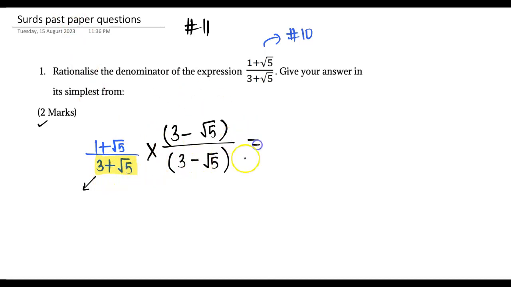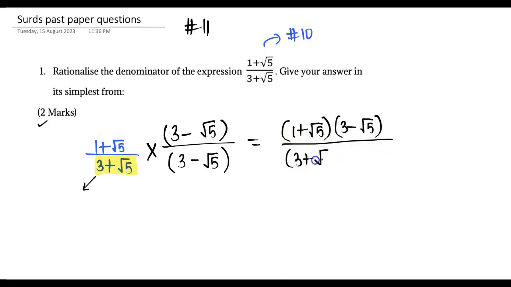Now the top will be 1 plus root 5 times 3 minus root 5, and the bottom will be 3 plus root 5 times 3 minus root 5. The bottom is nothing but a special case expansion.